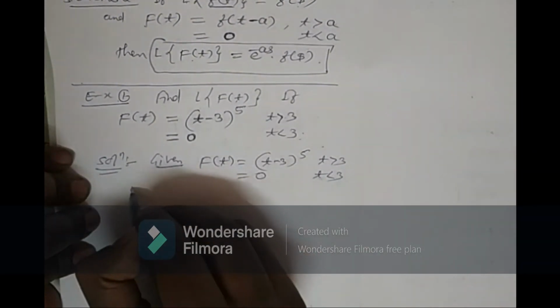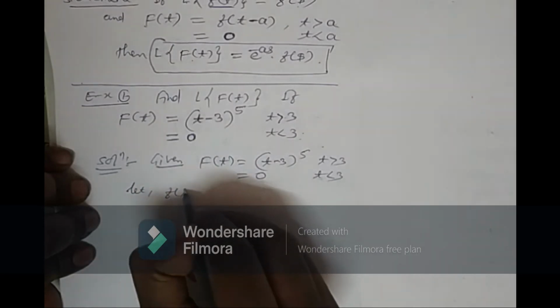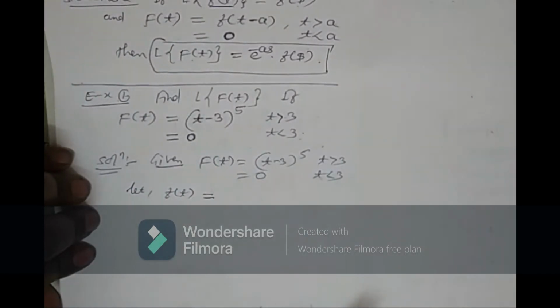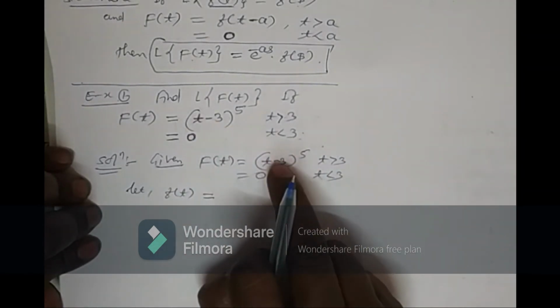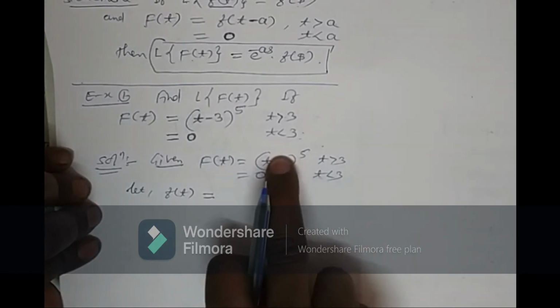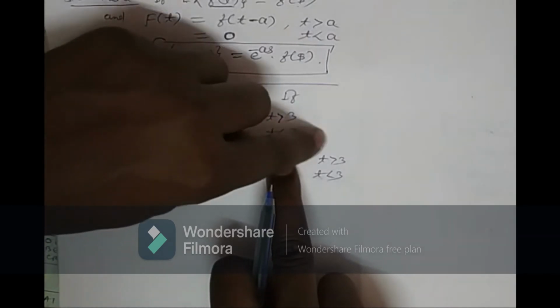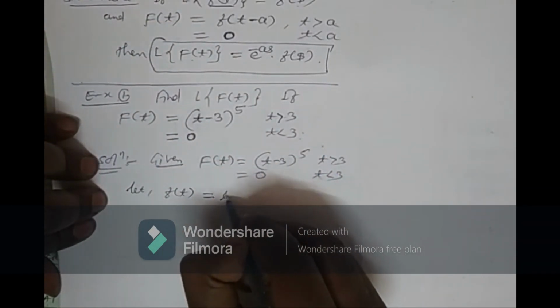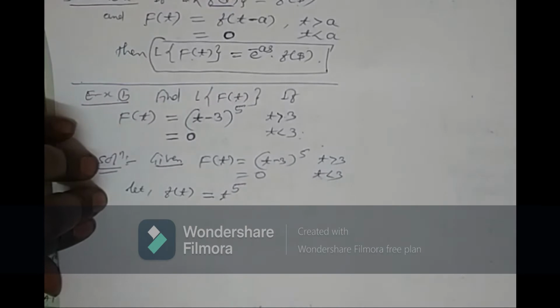Let small f of t be equal to, look at this, which is very important: whatever there is in t minus a, that minus a we have to hide. If you hide this minus 3, what will remain? t raised to 5. So this f of t is t raised to 5. In this way we have to find the small f of t.